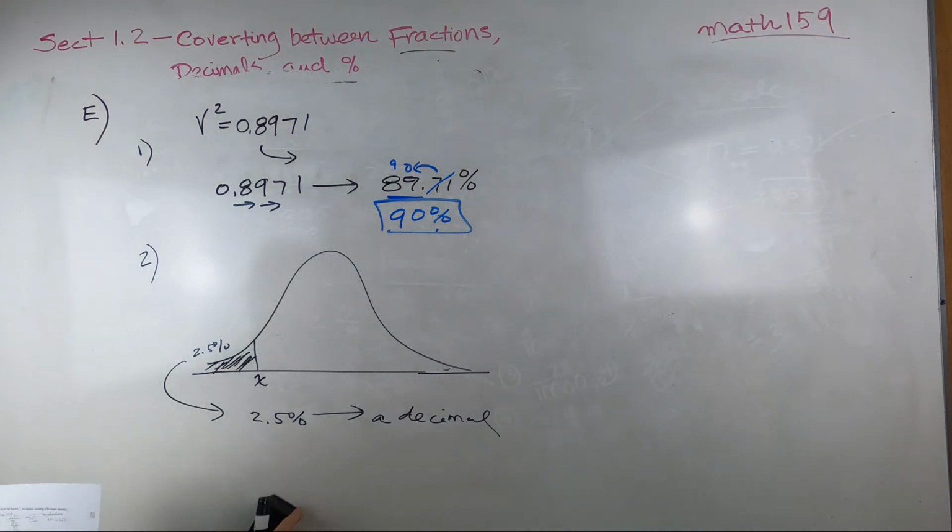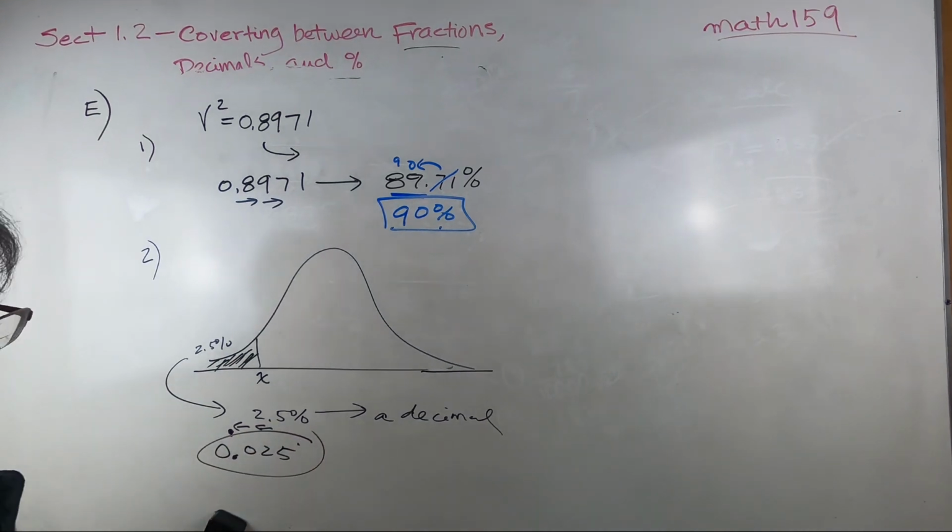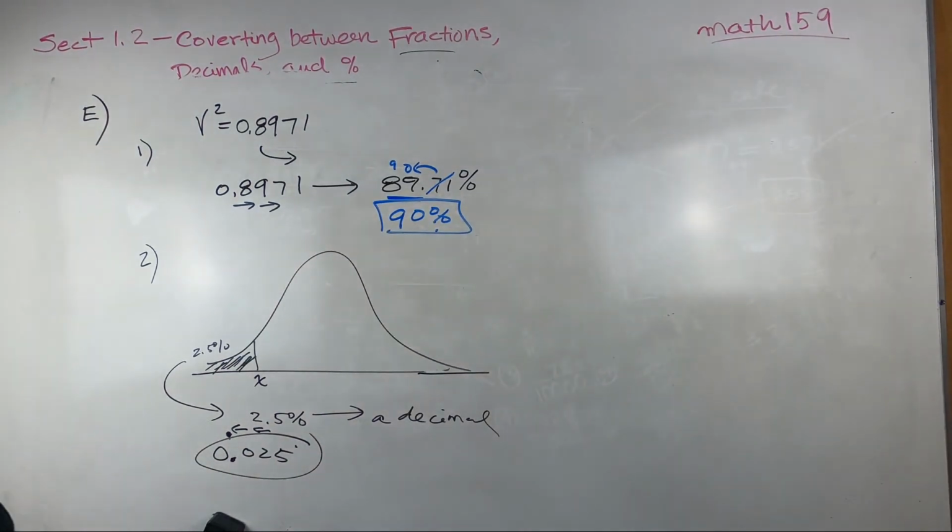Now, all we need to do is what? What was the question? Change the percentage to a decimal. How do you do that? The technical part: move 2 places to the left. So your new decimal will be 0.025. So that will be your answer.